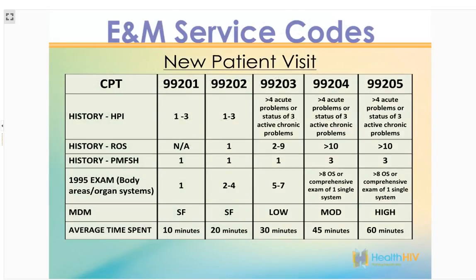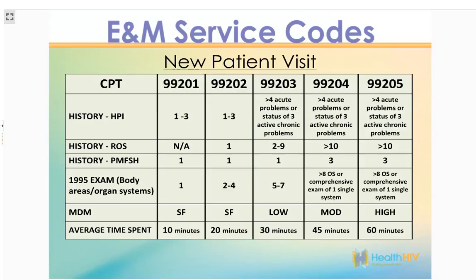Okay, so in webinar series 1, we spoke about the E&M Service Codes. So this slide provides you an overview of the new patient visit codes, your 99201 through 99205. If you'll look at the 99201, in terms of the 3 components that we spoke about, your history, your exam, and your medical decision making, the new patient code has a problem-focused history, problem-focused exam with straightforward medical decision making.